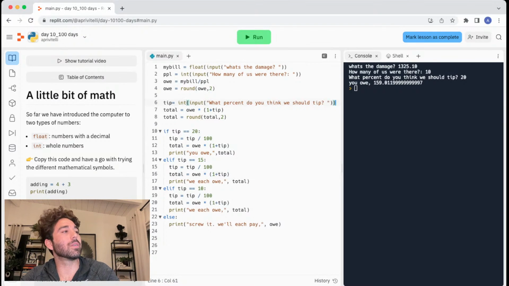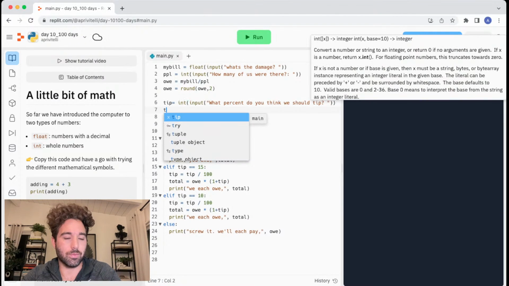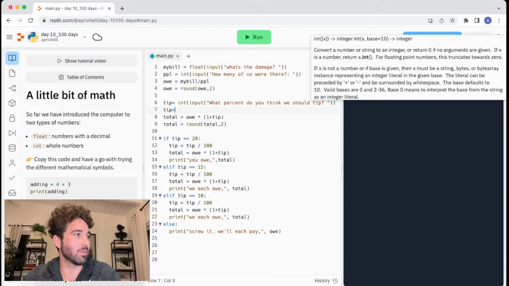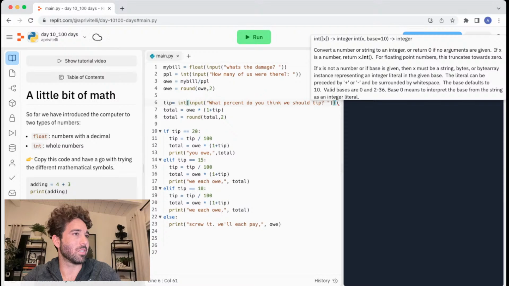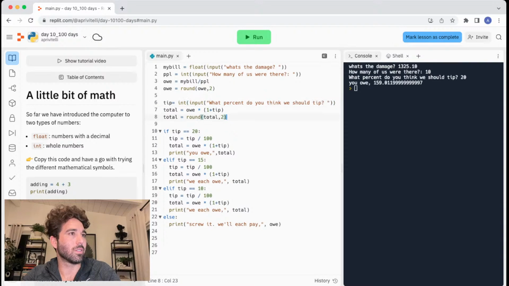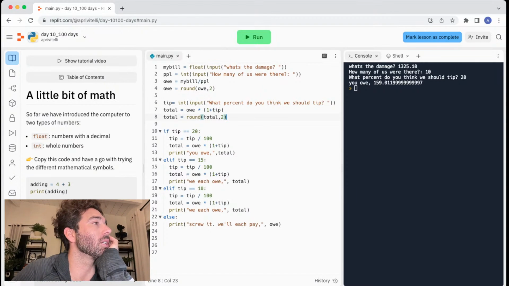Do I need to round the tip? Tip equals, wait, no. 1325.10 times 1.2 divided by 10. 159.012. So that's right, but why isn't it rounding it up?